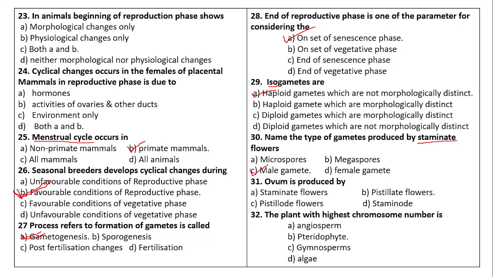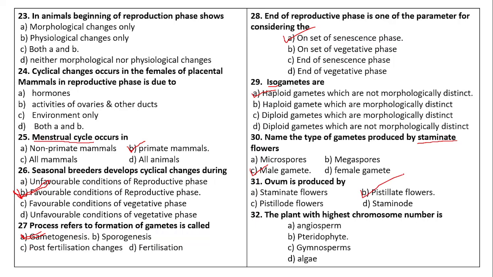Staminate flower means the flower having only stamens, and ovum is not produced by all these three. Ovum is produced by pistillate flower. Pistillate means the flower having only pistil. So option B is the correct answer here.